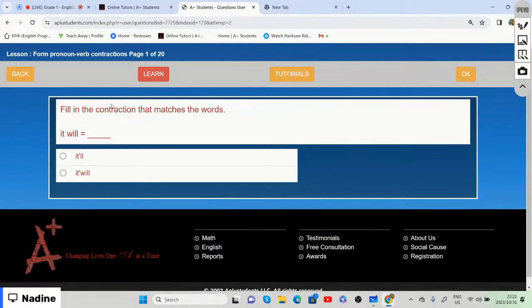So we need to fill in the contractions that match the words. So it will. If we match the contraction, is it it'll, which is the first word, or it will, which is the second word?